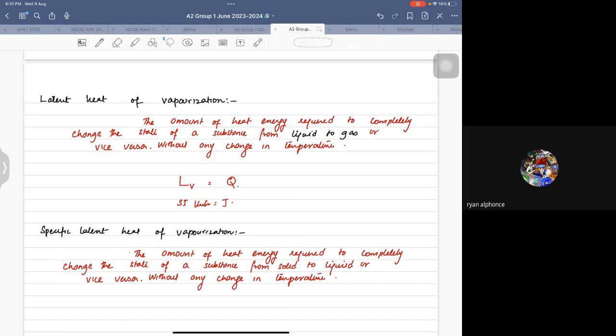Let me first move this out of the way. Okay, so I'm just changing the color. So first, energy per unit mass. So you gotta include the mass and also from liquid to gas. That's the main change, right?